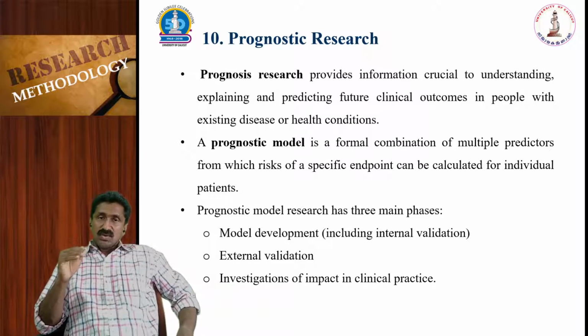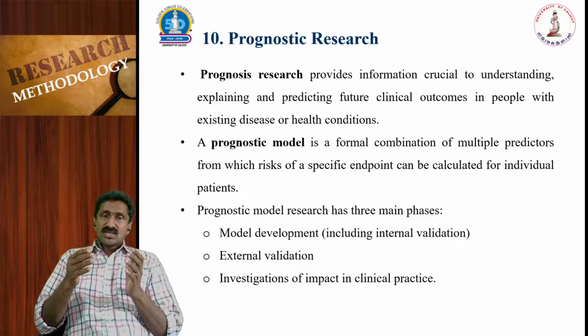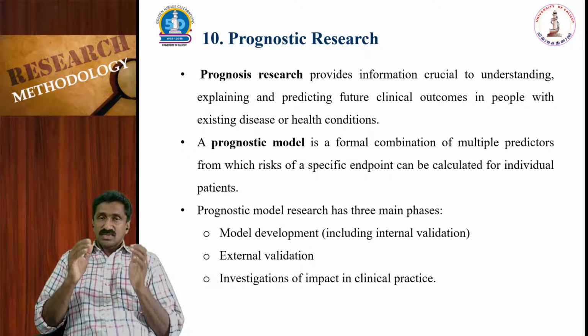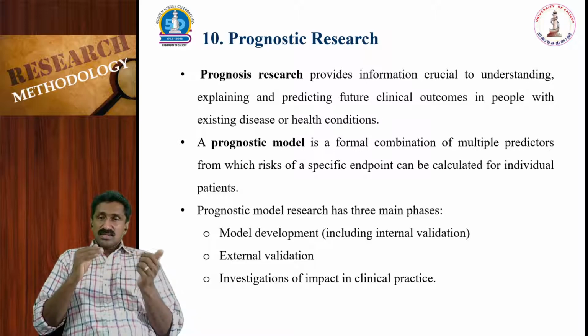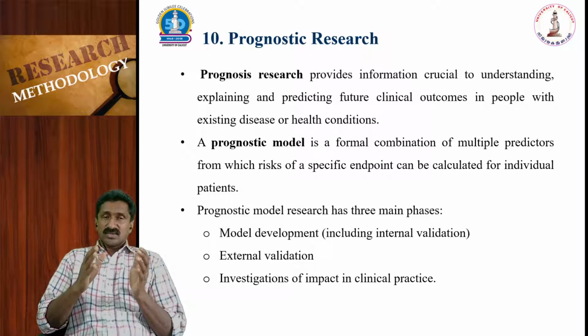So a prognostic model is a formal combination of multiple predictors from which risks of a specific endpoint can be calculated for individual patients. So it's a formal combination of multiple predictive factors.